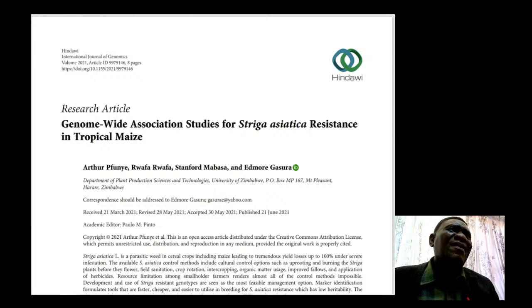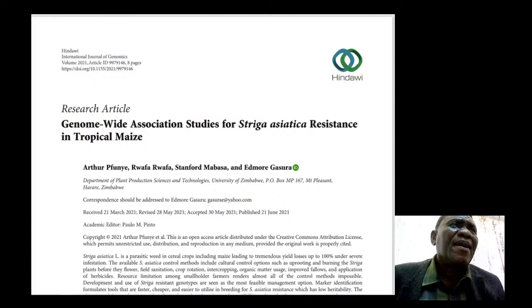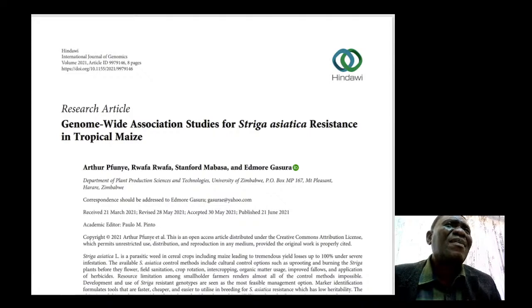Another paper on Striga asiatica. This is about breeding. We had an MSc student, Rwafa, who did also a project. Rwafa was an MSc student who was involved in much of this breeding for Striga resistance.